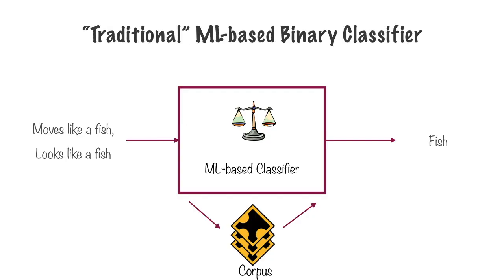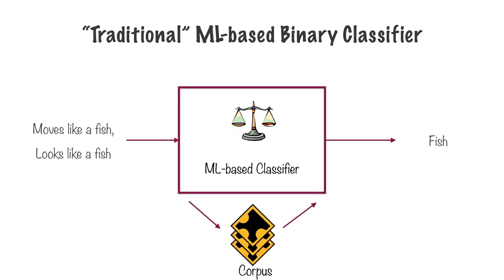Let's say you were to feed the same classifier with the same model parameters a different set of information. If you had directed the attention of this traditional machine learning based binary classifier to the fact that the whale moves like a fish and looks like a fish and lives in the sea, then it's likely to predict that the whale is indeed a fish.